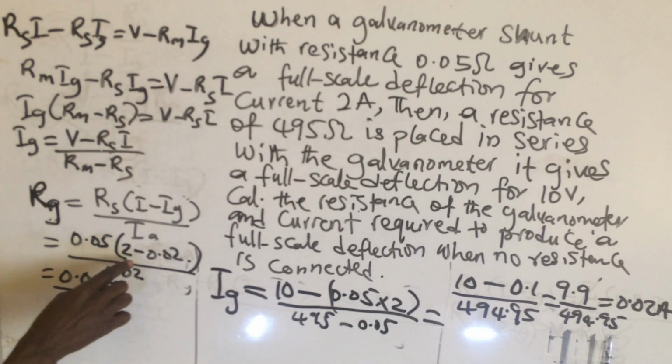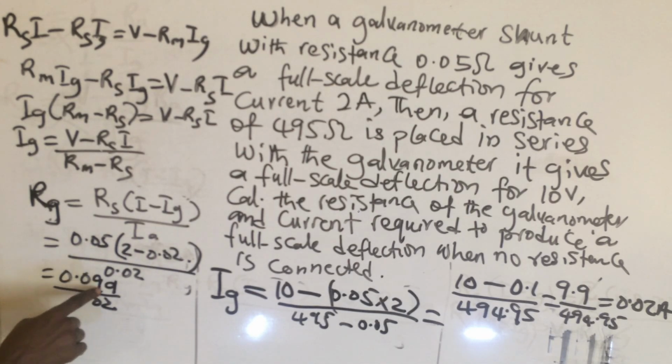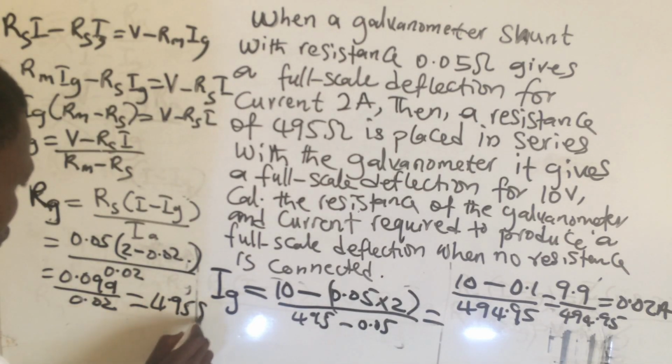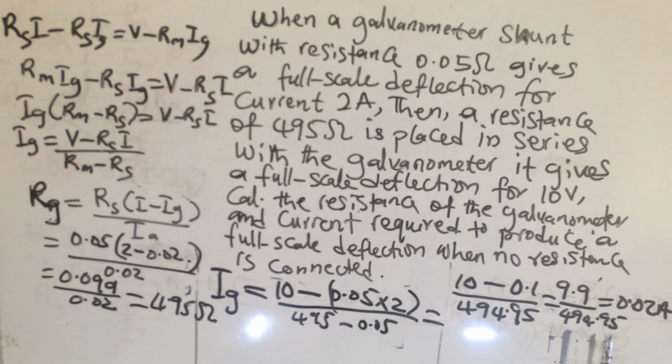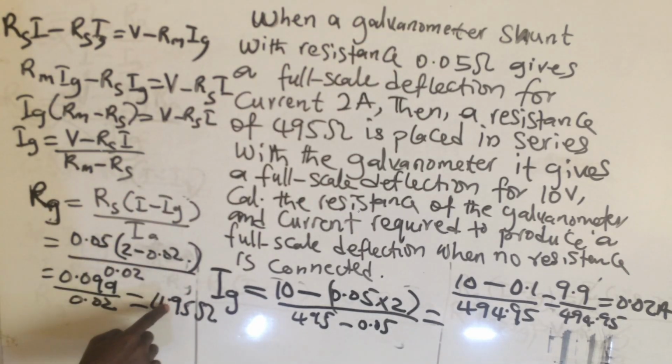When we subtract 0.02 from 2, the remaining one, we multiply it with this, it will give us 0.099 all over 0.02. And when we divide, it will give us 4.95 ohms. So the resistance of the galvanometer is 4.95 ohms.